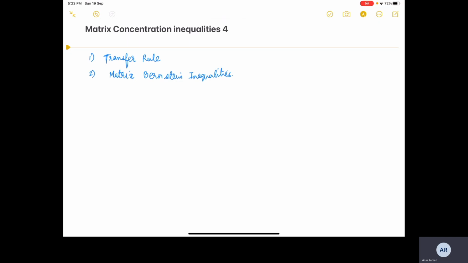Okay. So we will not look at the proof for matrix Bernstein inequalities in great detail because the ideas that they have used for the proof have a lot of similarities to the proof of the matrix Chernoff bounds, which we looked at in the last lecture.